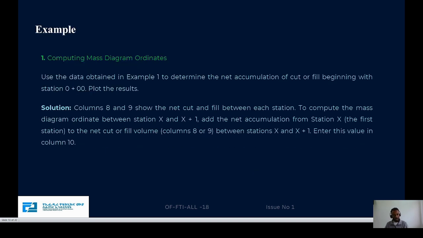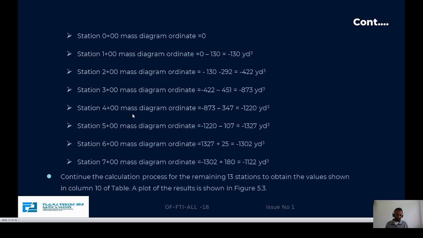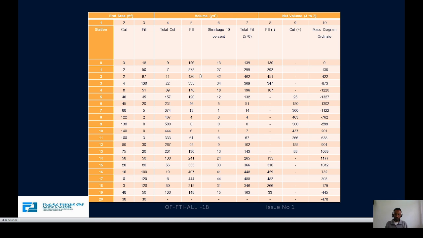As an example, we will compute the mass haul diagram. In the previous video we calculated the adjusted fill and the adjusted cut volumes. From that we continue to the aggregated volumes, starting from column 8 up to column 9.